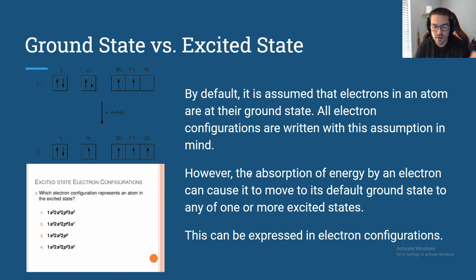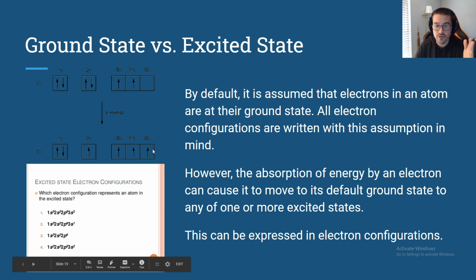When they absorb energy, something happens to their configuration. They're no longer in the spot that they were before. We started to see this a little bit when we talked about Bohr and the Bohr model. Now that we're actually starting to write and draw these electron configurations, we can really express what's going on here.